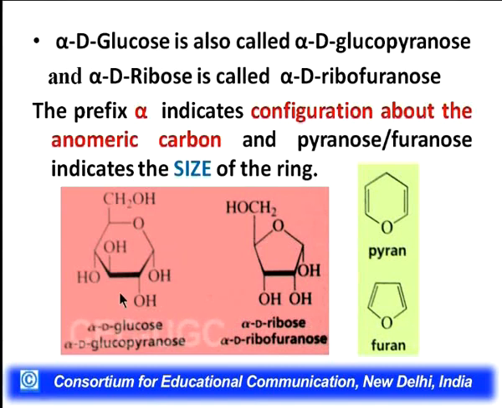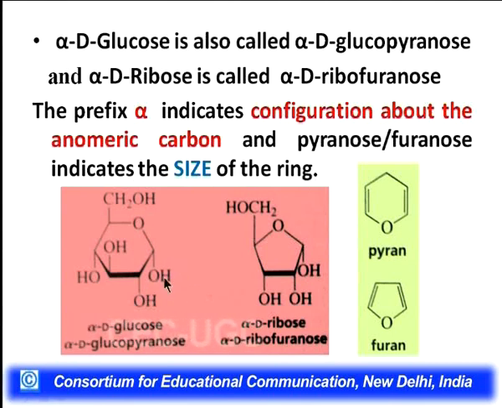Now the alpha indicates the configuration of the OH at the hemiacetal carbon. If the OH is on the lower side at the hemiacetal carbon, it is known as alpha. You can remember this from the word alpha, which looks something like a fish, and fishes are always at the bottom.